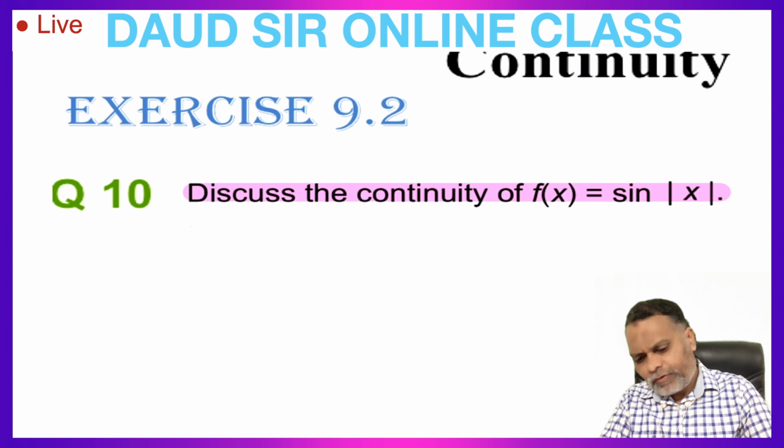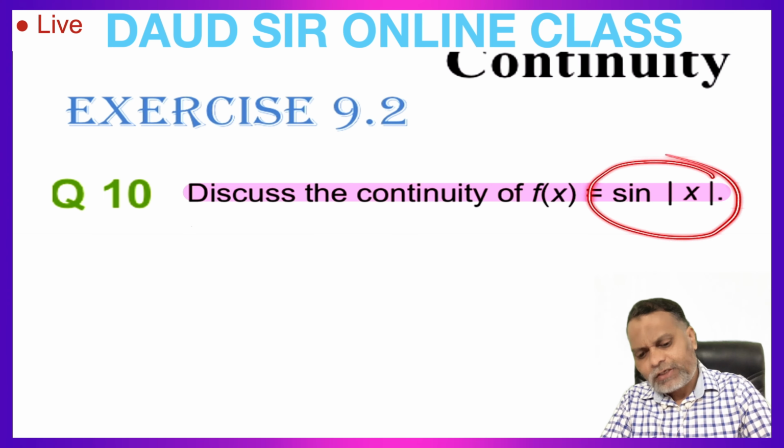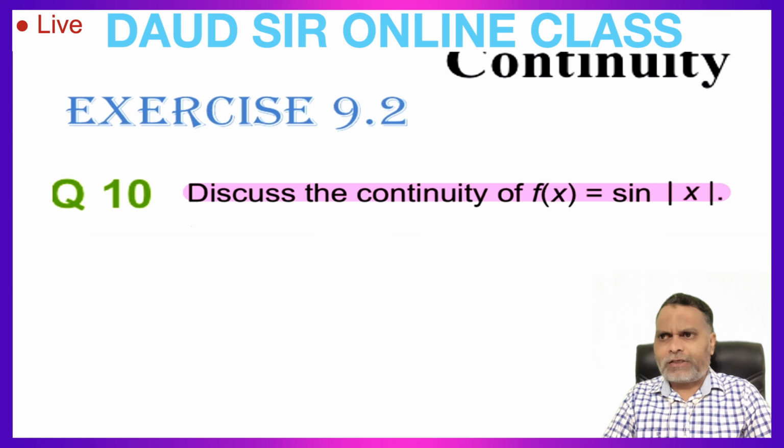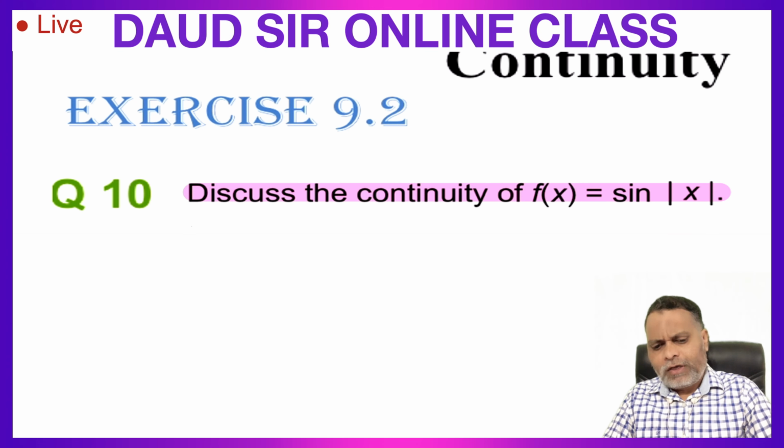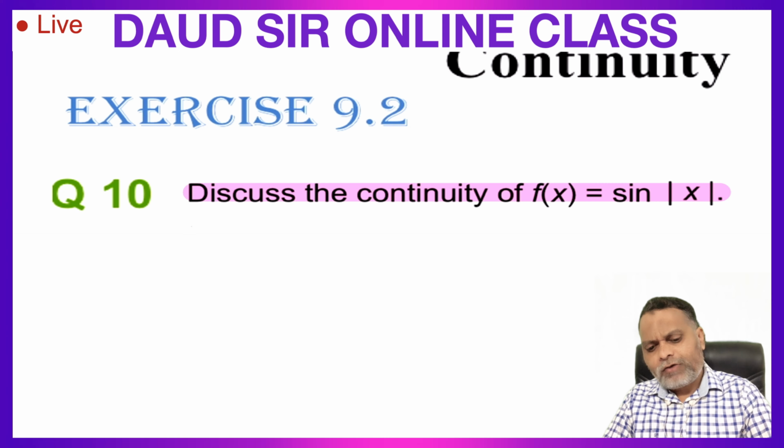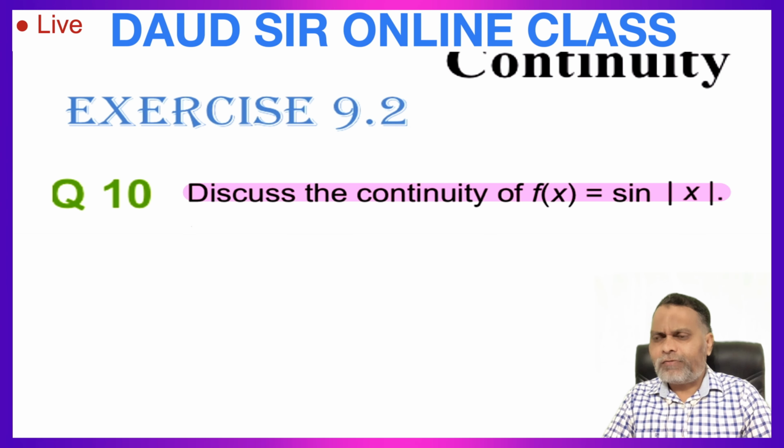So here we have to discuss the continuity of this sine modulus of x function. So this modulus function is given. Substitute the value of this modulus function equal to 0. So it is x. So put x is equal to 0. From there we can get one point, x is equal to 0.